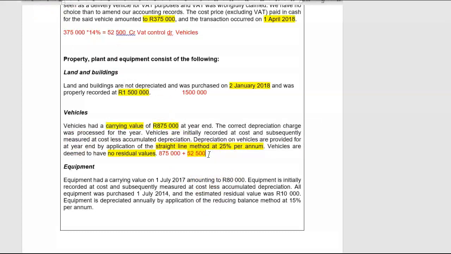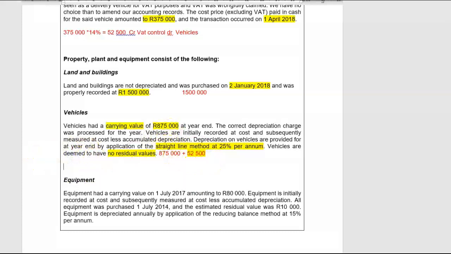Why not? Because it was not formed part of the cost price of that new vehicle, which was now included in the 875,000. So what we have to do is to work out what was our depreciation on that specific vehicle adjustment account. So if we say we have this rectification of 52,500, there's no residual value, so the depreciable amount is also 52,500.